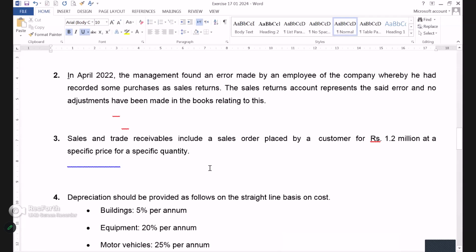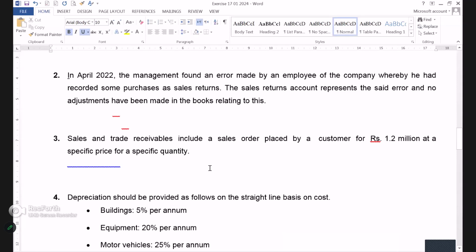Students, please talk. What is normally the journal entry for the sales return? Sales return account debit, debtors account credit because it is a return.